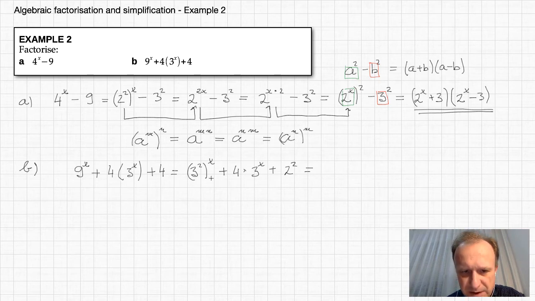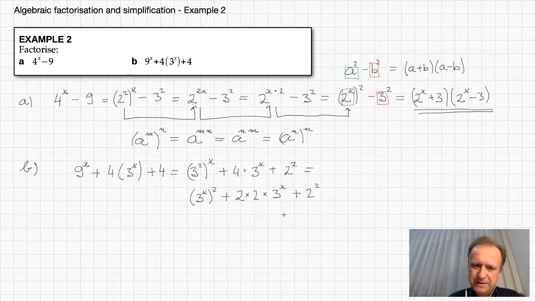So I can use it here, and if I do use it for the first term, what I get is 3 to the power of x all to the power of 2 plus. Now, number 4 here can be expressed as 2 times 2, and we then have times 3 to the power of x, and finally we have 2 to the power of 2.